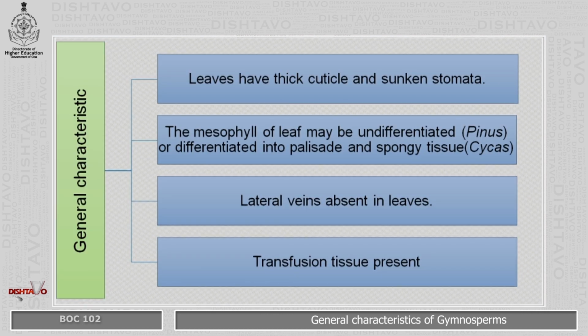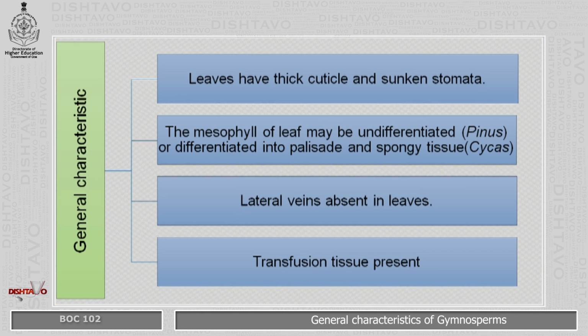Now coming to the anatomy of a leaf. The leaves will always show a thick cuticle and sunken stomata, and this is one of the characteristic features of xerophytic plants. As we say that the evergreens show xerophytic characters, this is one of the adaptations that is seen in the leaves.